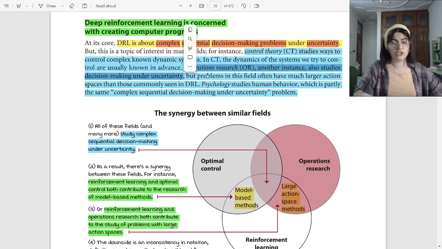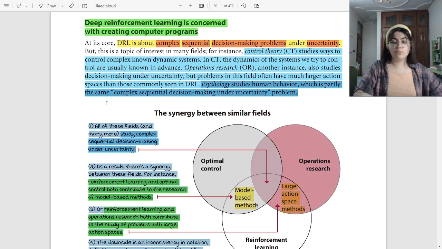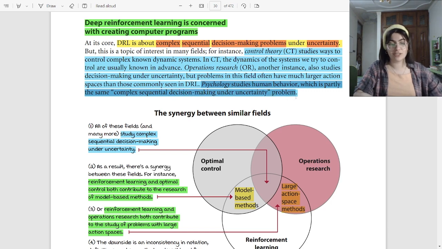In operations research, we do study decision making under uncertainty, but problems in this field often have much larger action spaces than those commonly seen in DRL. And then we have psychology, which studies human behavior, which is partly the same complex sequential decision making under uncertainty problem.